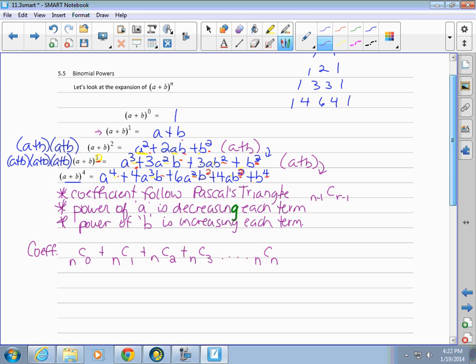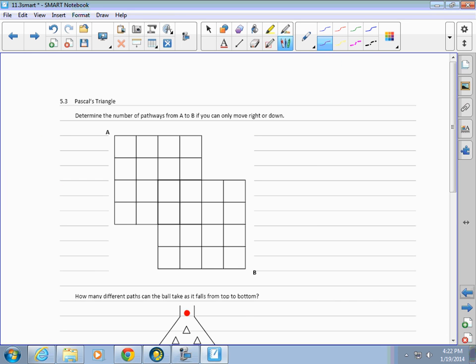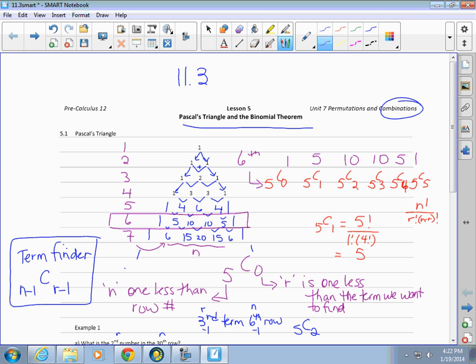So if you remember on that other page, let me go back a couple pages. Whoop, one more. It was 5C0, 5C1, 5C2, 5C3, 5C4, and then it went to 5C5. Because whatever my n number is here, I have to end up with that n number as my last term. So it will always be nCn as your last term.